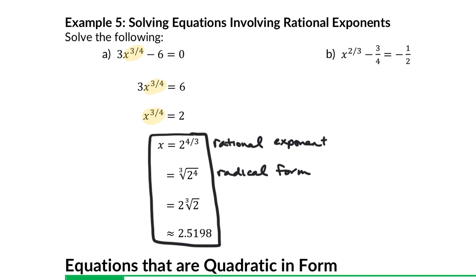That's literally all that happened. The third one is called simplest radical form. And the last one is a decimal approximation. So depending on how I'm asking you to give me the answer, you would change how you write the answer.